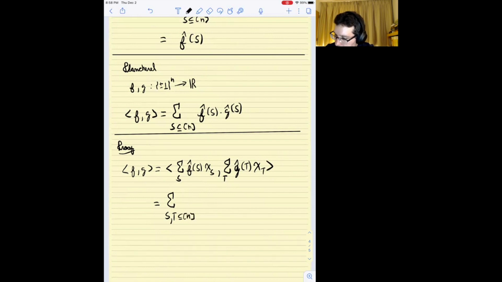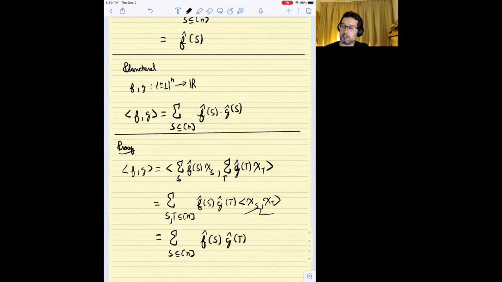And then we have f hat of S, g hat of T, and then the inner product of chi S and chi T. And that you already know, since characters form an orthonormal basis, this is going to be 0 unless S equals T. And then we get this nice summation, forcing S to be equal to T, of f hat of S times g hat of S. Very good.